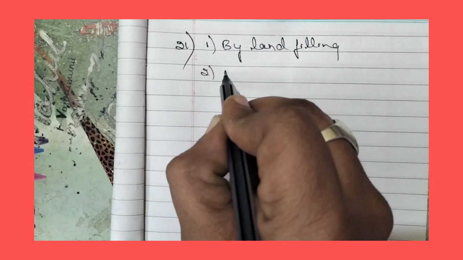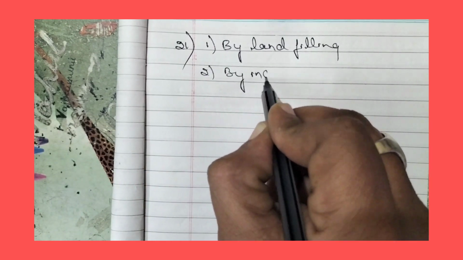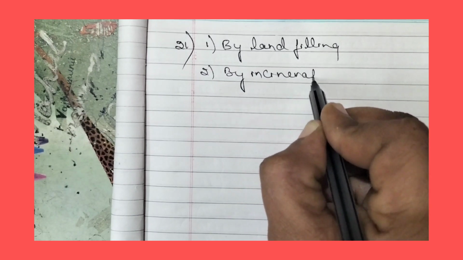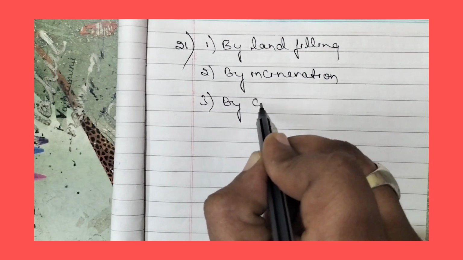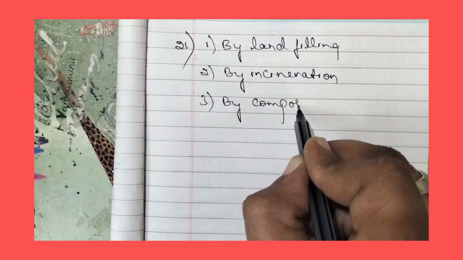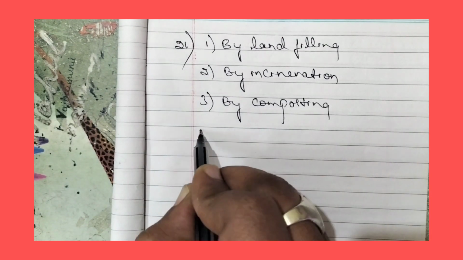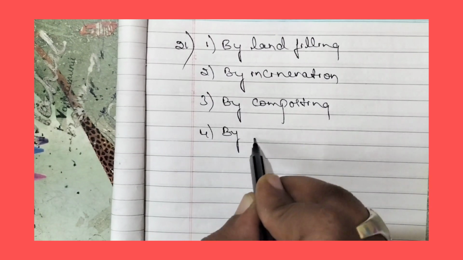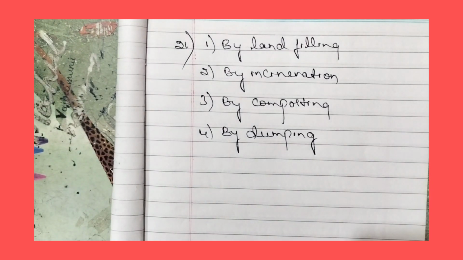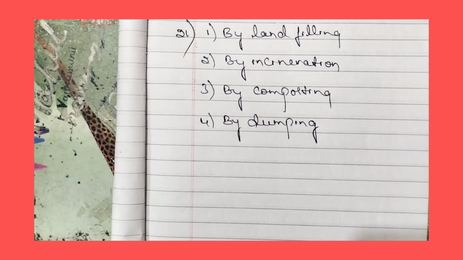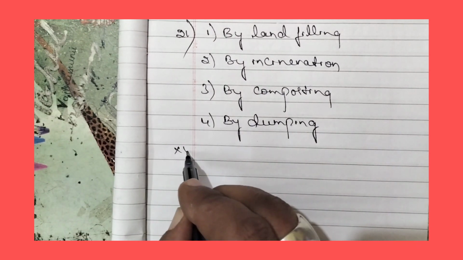Second one is incineration. Third one is composting. And fourth one is dumping. So these are the methods used to dispose the waste.